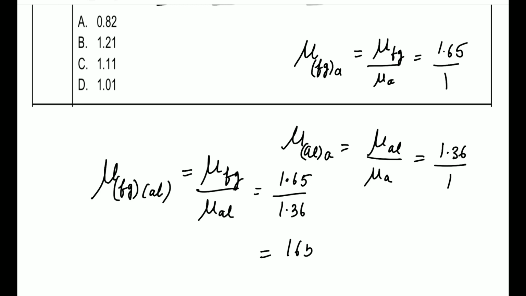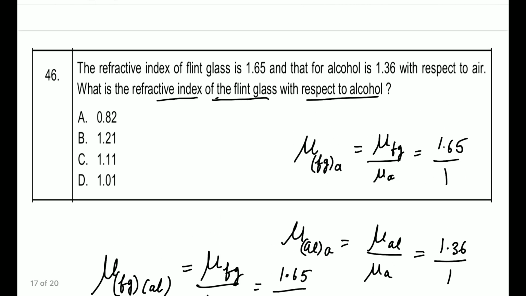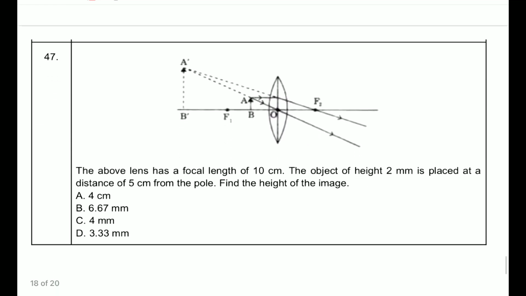All you have to do is divide 165 by 136. It will be 1 point something, 1.2 something. Yes, it's there in the options. You can see 1.21 is the correct answer. I hope that is understandable. Okay, let's move forward to the next question.